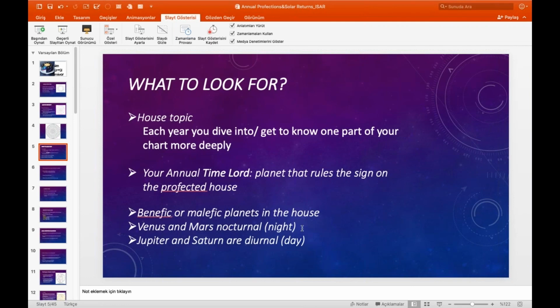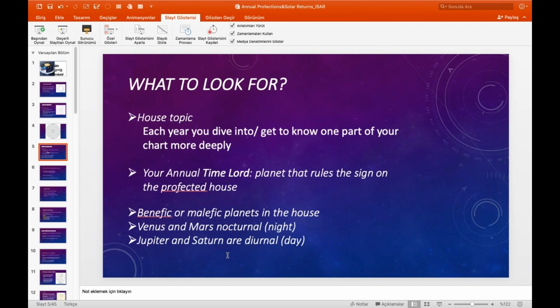So in a night chart, Venus and Mars are powerful, strong, and Mars is not so malefic like in a day chart, less malefic in a night chart. And if you have a day chart, Saturn is not so malefic like in a night chart. It is less malefic in a day chart.